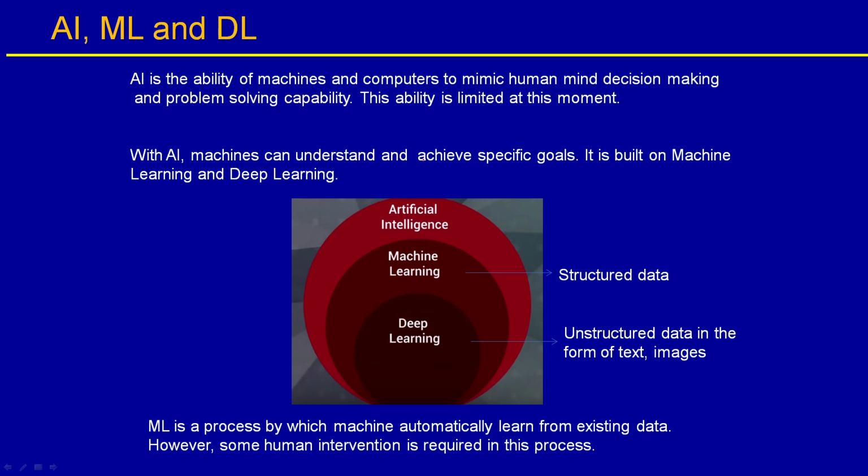So, machine learning is a process, a computer process, by which a machine can learn from experience, that is, from existing data. And when it learns from experience, it learns to do a specific task, and when it does a specific task, it is giving you some performance.